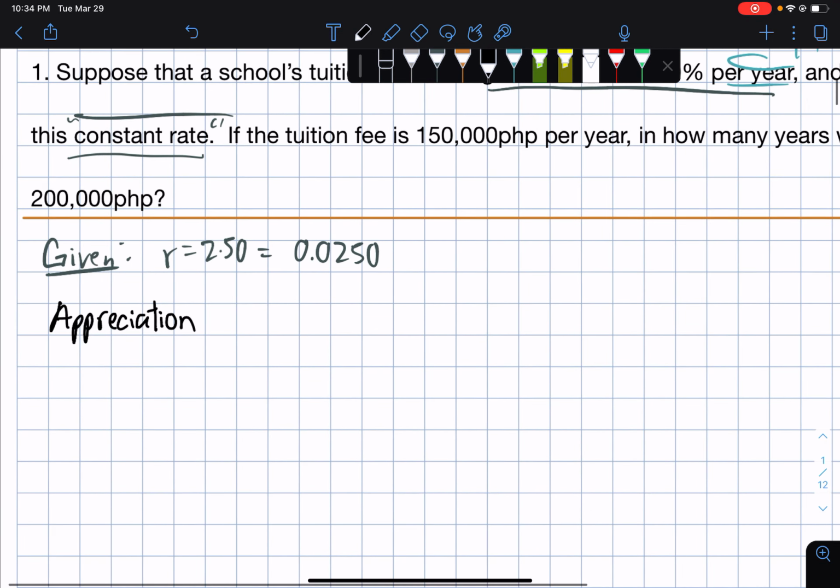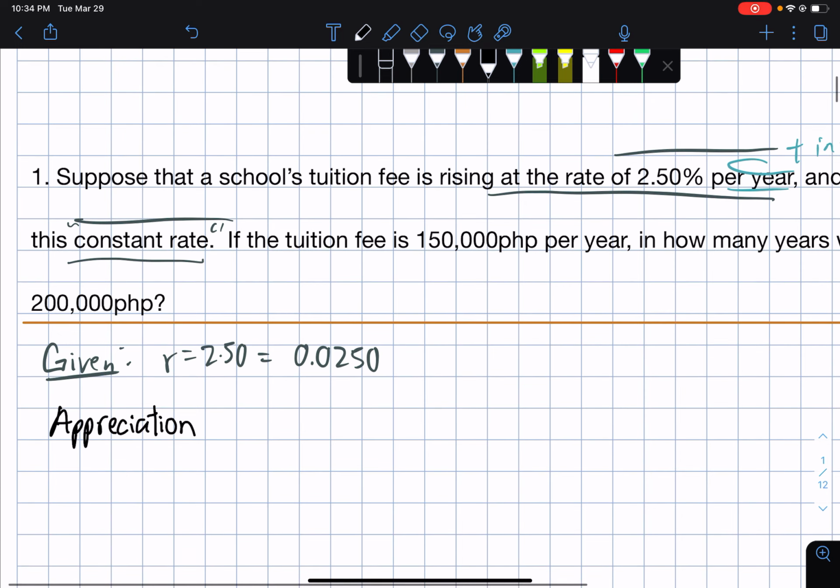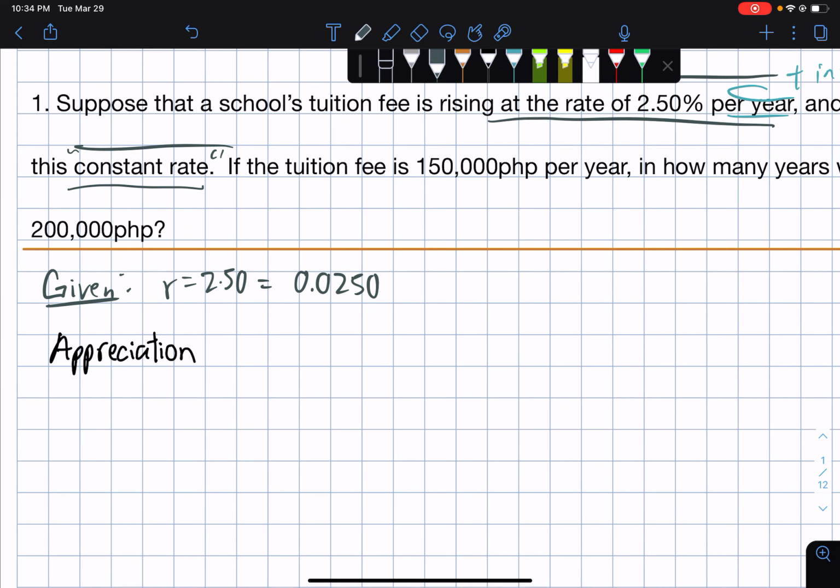Appreciation is the opposite of depreciation. The constant rise of something that is worth a price. For instance, the rise in tuition fees, that kind of stuff. It's pretty evident here. School's tuition fee is rising constantly. So there's a fixed rate.